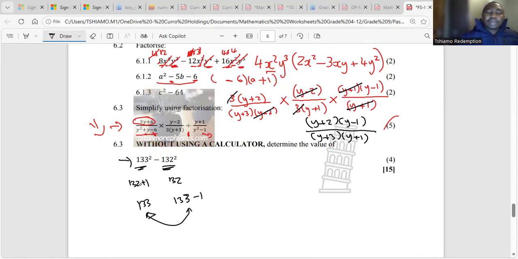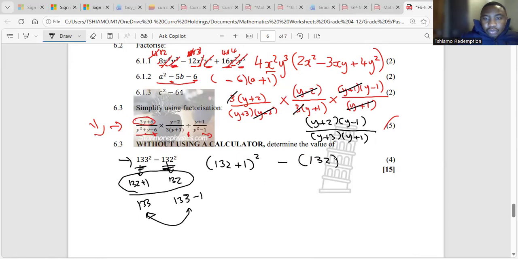So either way you want to link the two terms, it will work. But let me use this one. So I have 132 and I'm writing 133 in terms of 132. So 133 is 132 plus 1. So I can write 132 plus 1 squared minus 132 squared.